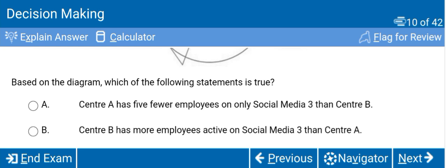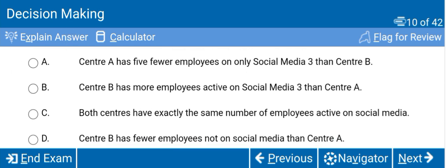Option A, Center A has 5 fewer employees on only social media 3 than Center B. Option B, Center B has more employees active on social media 3 than Center A. Option C, both centers have exactly the same number of employees active on social media.